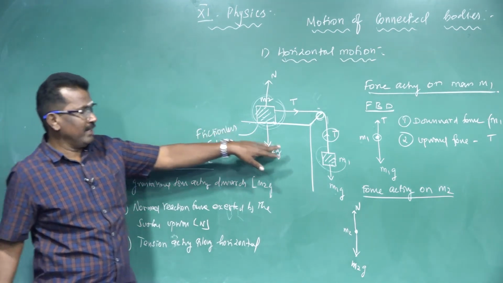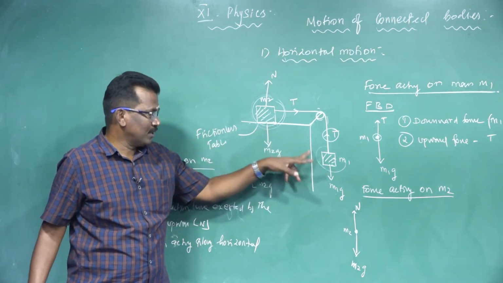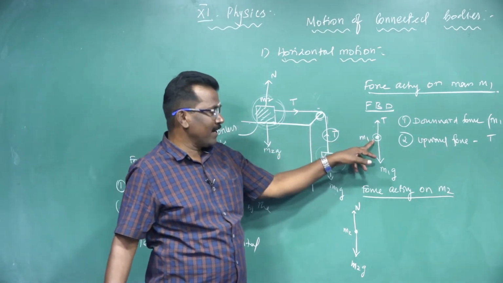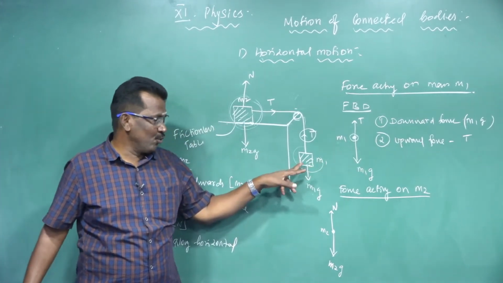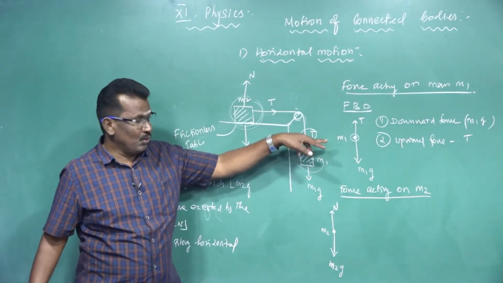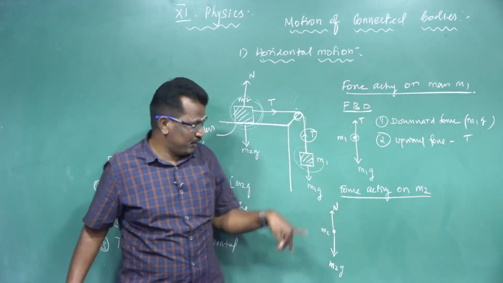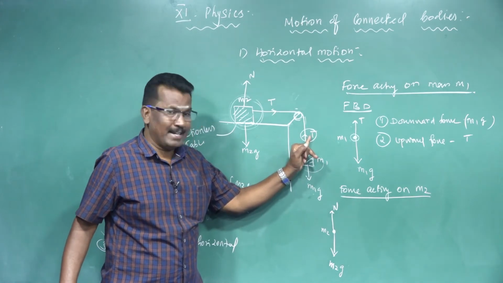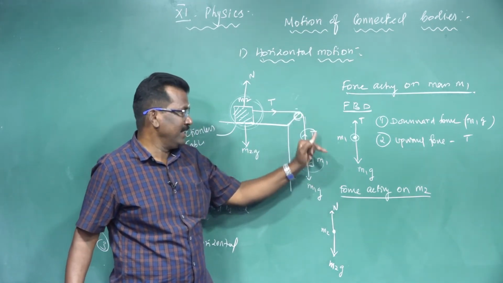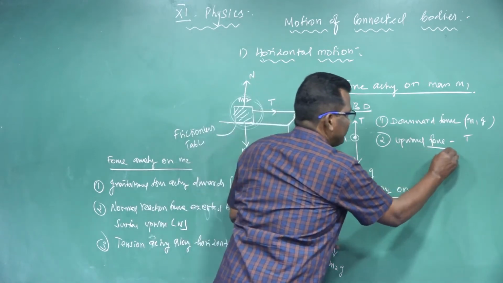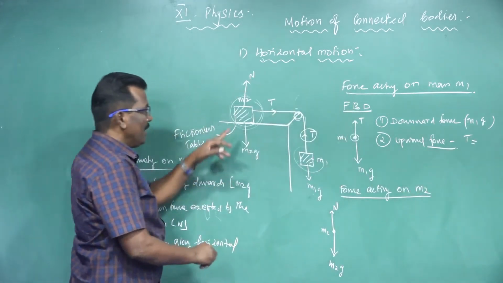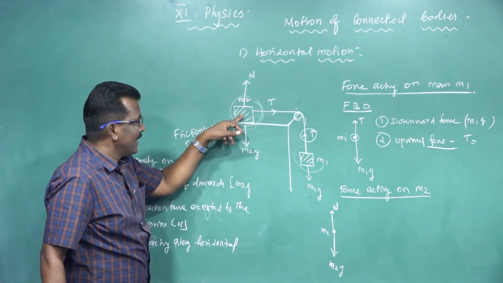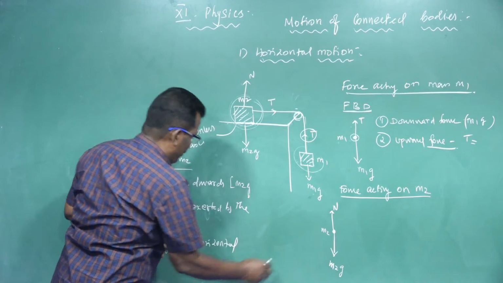Okay, let's once again recollect how many forces are acting on m1 and m2. In the case of m1, two forces act on the mass m1. One is the force due to gravity, m1g, acting downward. At the same time, the tension T is acting in the upward direction. Similarly, on m2 there are three forces.